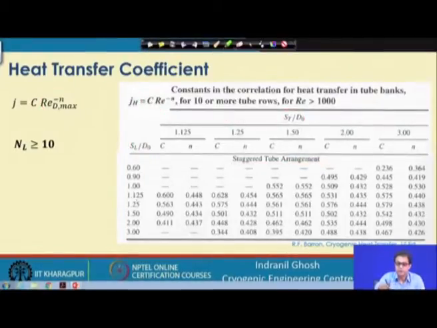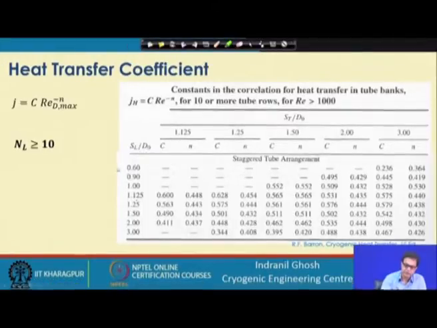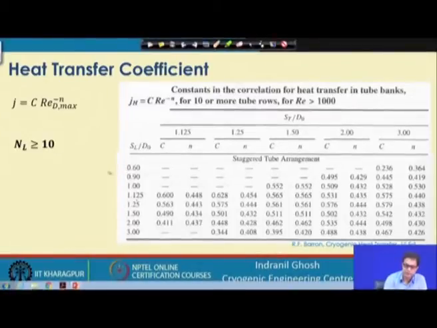Now, as we are saying, these are some discrete positions. Say, for example, S_L by d_0 is 0.6 and 0.9.